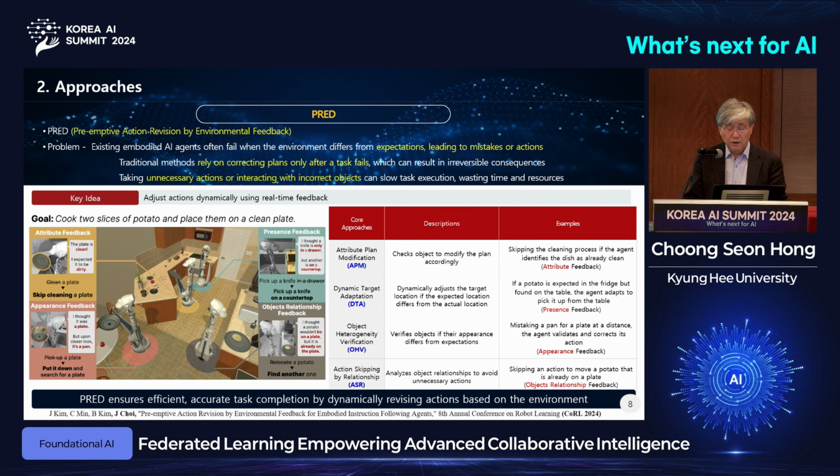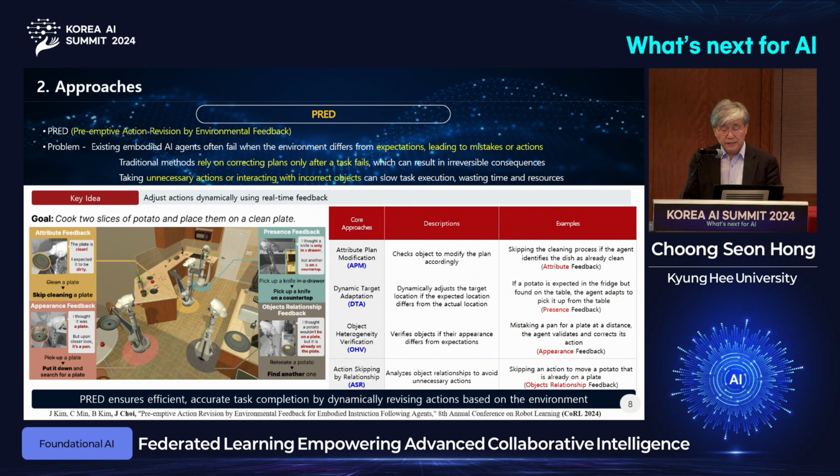It only corrects the plans after a task fails, which can lead to irreversible consequences. It wastes time and resources by taking unnecessary actions or interacting with the wrong object, slowing down task execution.